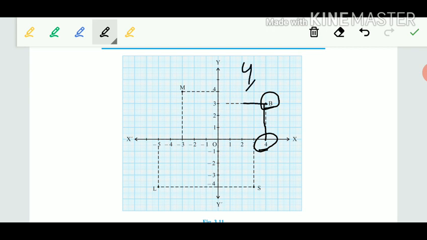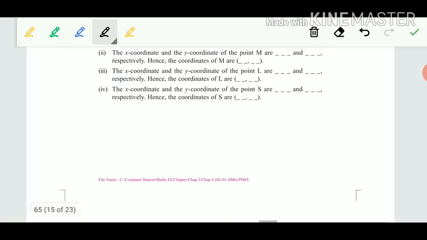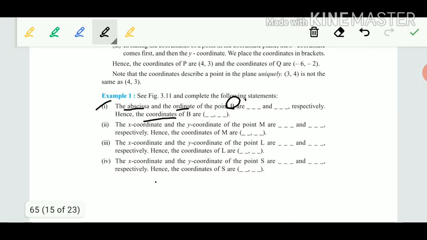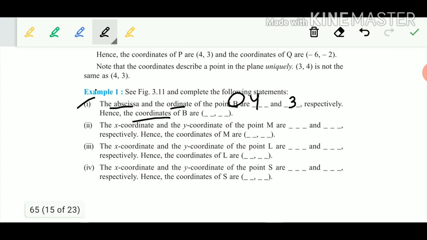This perpendicular line cuts the y-axis at 3, so its ordinate value is 3. So its abscissa value is 4 and ordinate value is 3. Hence write the coordinates of B. So its coordinates are (4, 3). That is the answer.